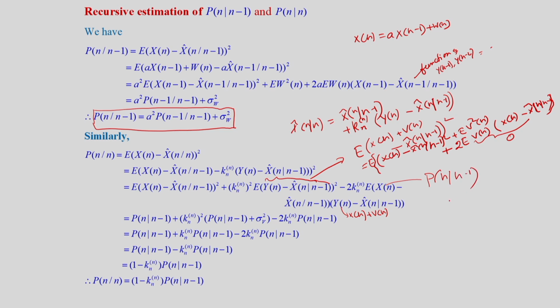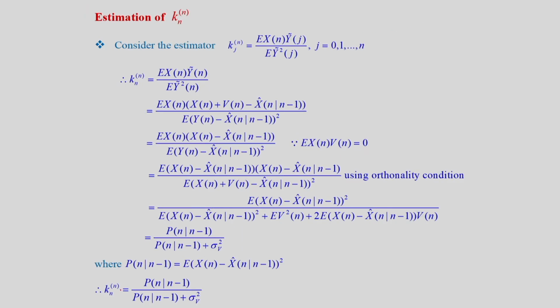So, we will have this quantity. First term is P of n given n minus 1, plus k n whole square into (P of n given n minus 1 plus sigma v square), minus twice k n into P of n given n minus 1. Now, we examine this expression. So, k n is equal to P of n given n minus 1 divided by (P of n given n minus 1 plus sigma v square).